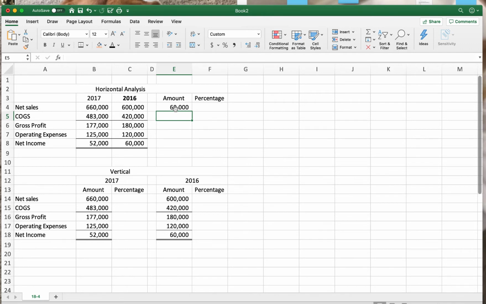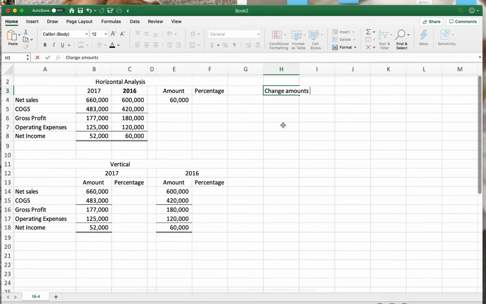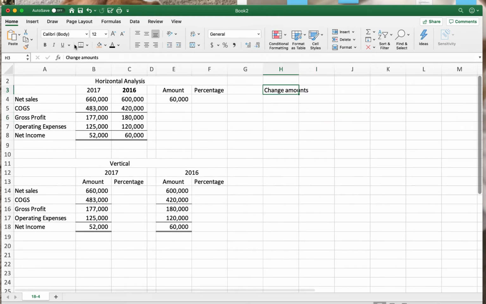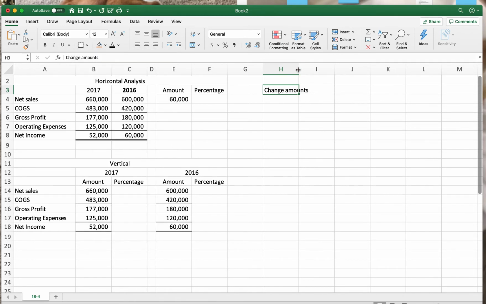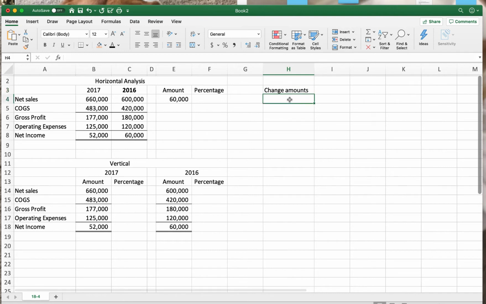We want to figure out what percentage that is, okay? In order to figure out that percentage, we want to take the change amount and divide that by the old amount, okay?